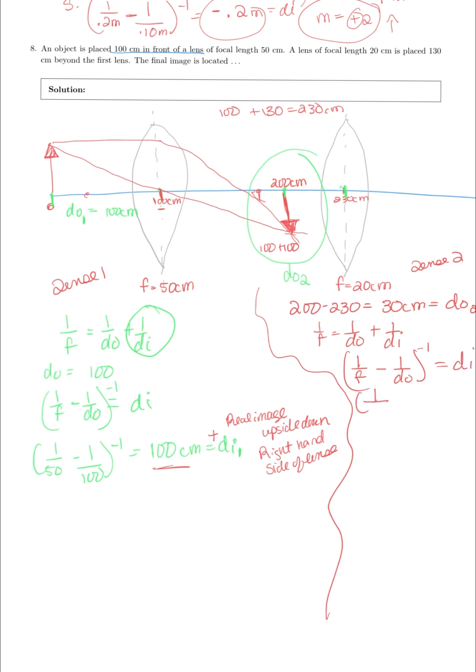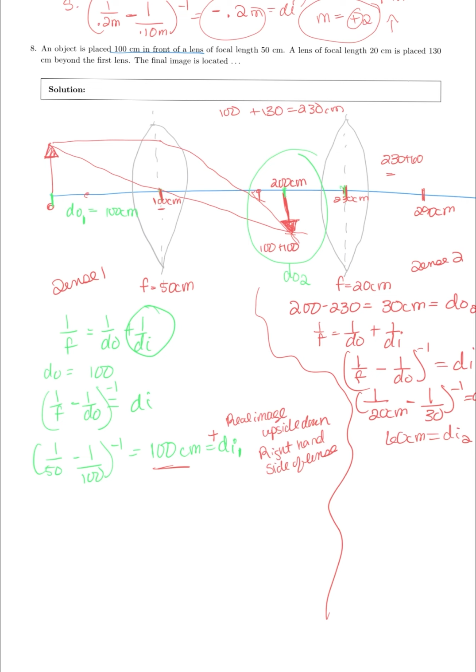We'll do that by saying 1 over 20 centimeters minus 1 over 30 centimeters, all to the negative 1, and that'll give us di. So let's put that in our calculators. And I get that our image distance, we'll call it image distance 2 or image distance final, is 60 centimeters. But remember, he's not at 60 centimeters. He's at 60 centimeters from the center of lens 2. So this is going to be 230 plus 60. So he's going to be at 290.